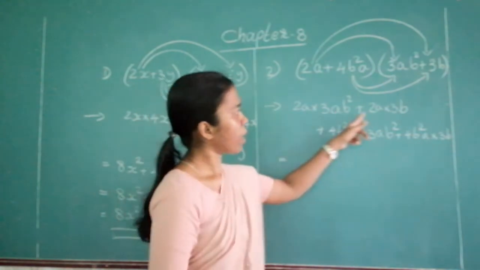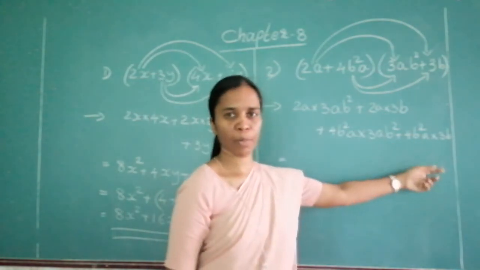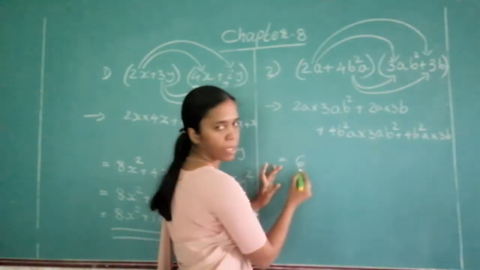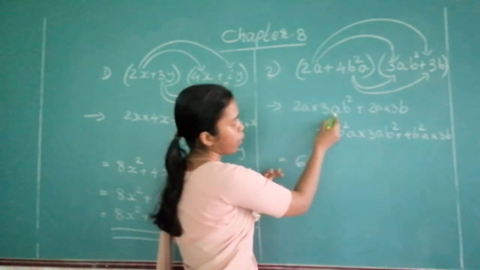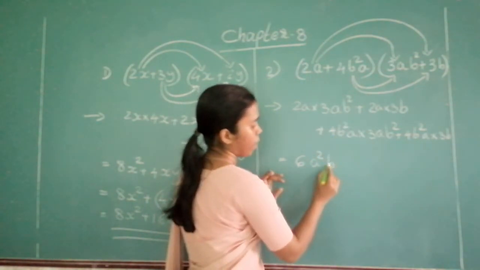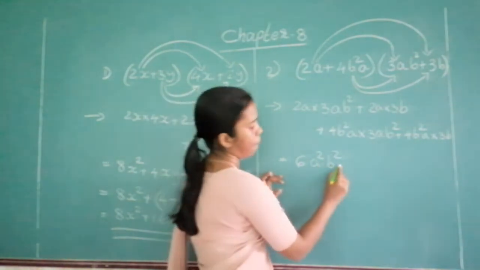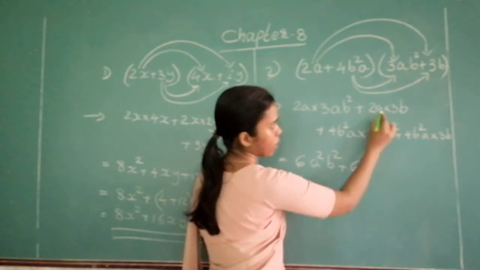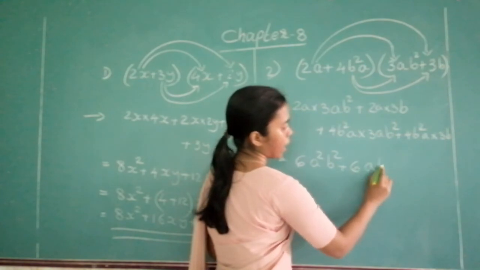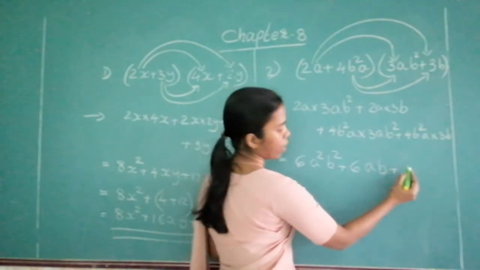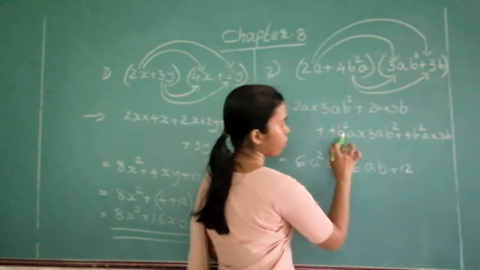Now, wherever there is multiplication, you multiply and put them together. Multiply the numbers. 2 threes are 6, a into a square b square, plus 2 into 3, 6, ab, plus 4 into 3, 12.